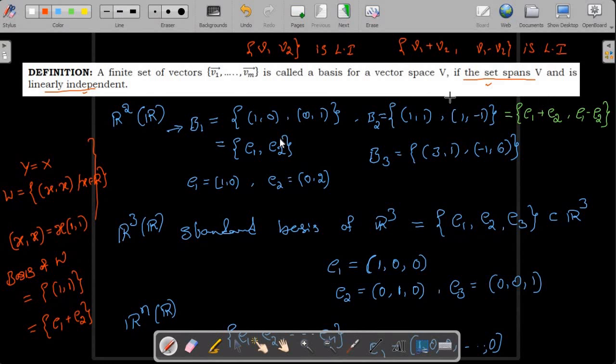We can actually prove it. Starting with V1, V2 linearly independent, we can prove that this result is going to be linearly independent. Anyway, I'll take it as a problem. So let me write that problem.